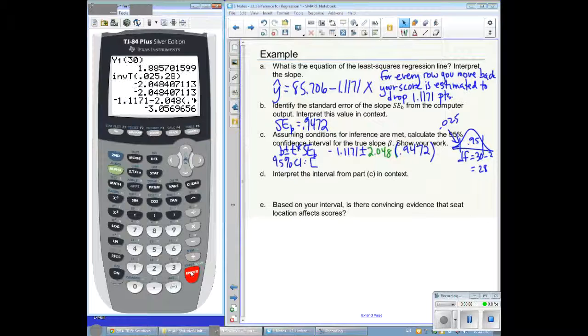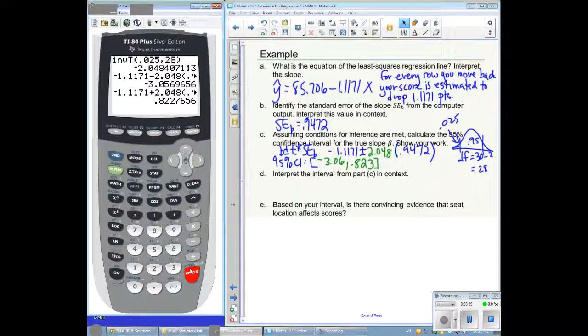And that'll give us our lower bound, so it's a negative 3.06. And then if I just hit second enter and change the subtraction to a plus, that'll give me the upper bound. All right. And so that gives me a positive 0.823.